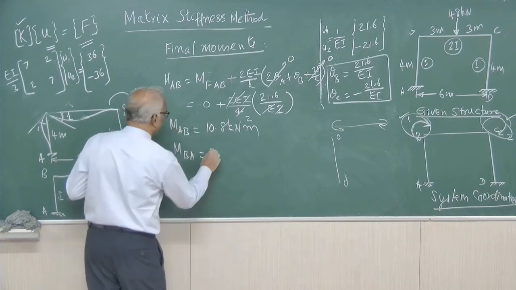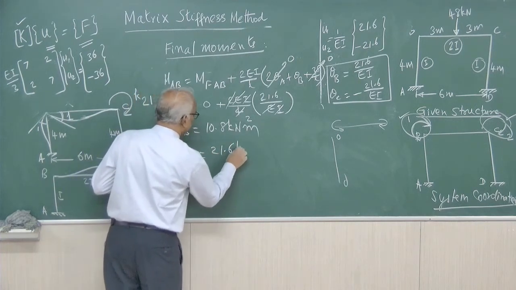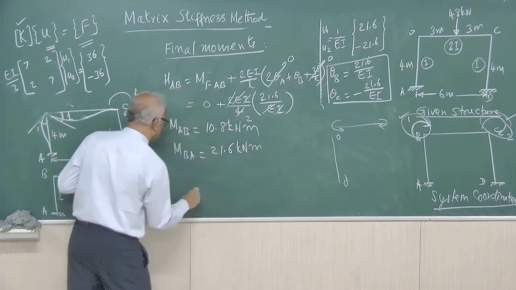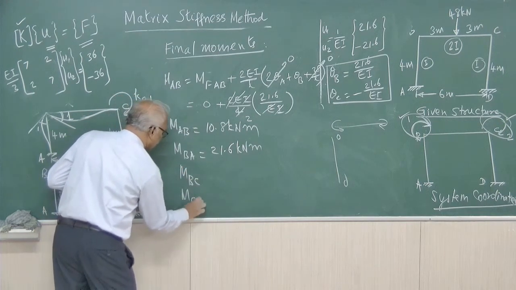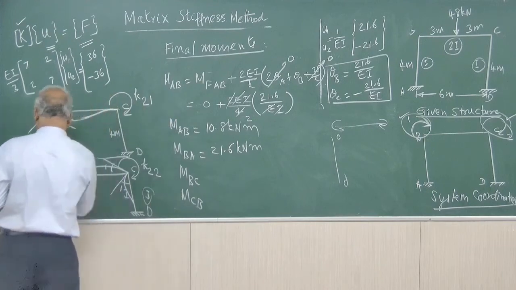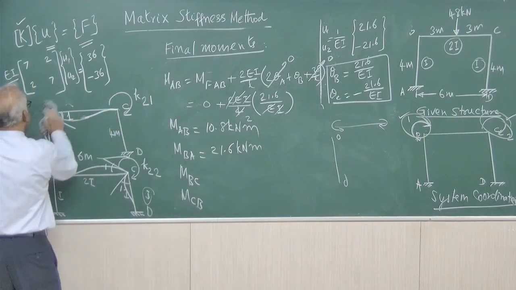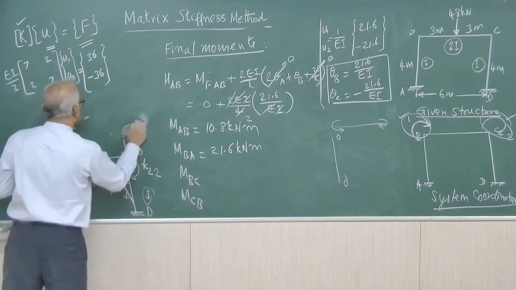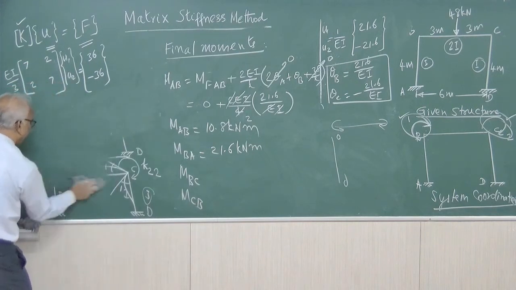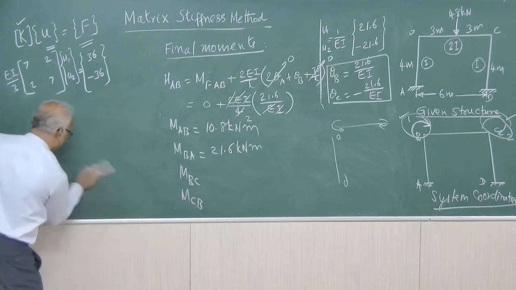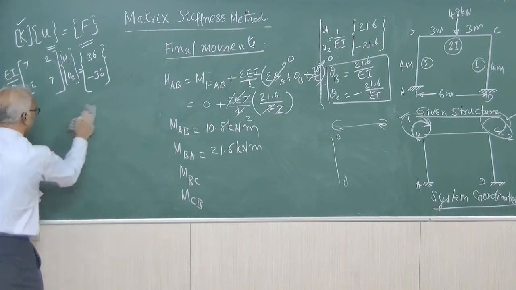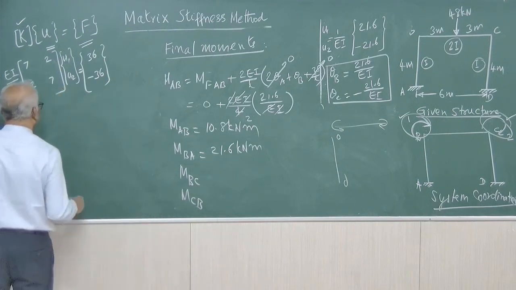MBA equal to 21.6, then MBC, MCB, I will just mark these things in the figure. Let us save some time here.